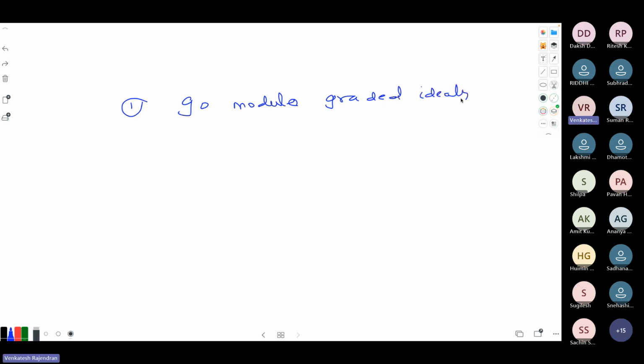You start with a graded algebra, and then take graded ideals, and then you just go modulo that. Then what you get is indeed a graded algebra.